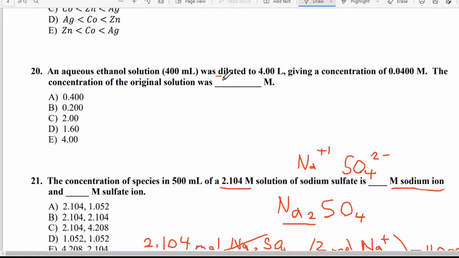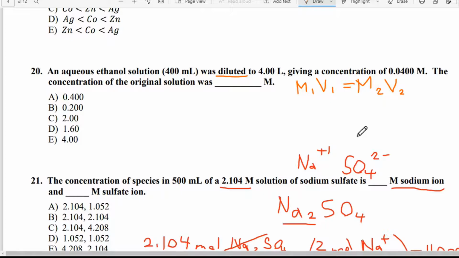Whenever you see the word diluted, chances are you're going to be using the dilution equation, which is M1V1 is equal to M2V2, where M1, it really doesn't matter which one you use as the original and which one you use as the final, but I tend to like to use M1 and V1 as the original.